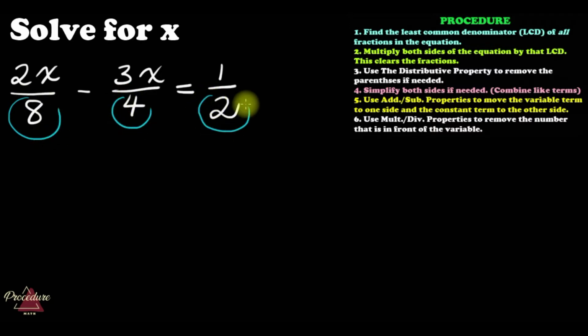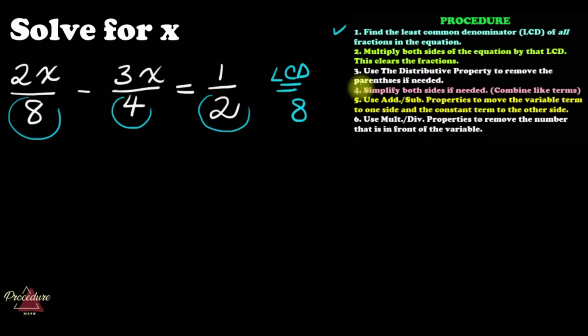The first thing we have to do is find the least common denominator, meaning the smallest number that 8, 4, and 2 can all go into. That is your LCD, and here your LCD is going to be 8.